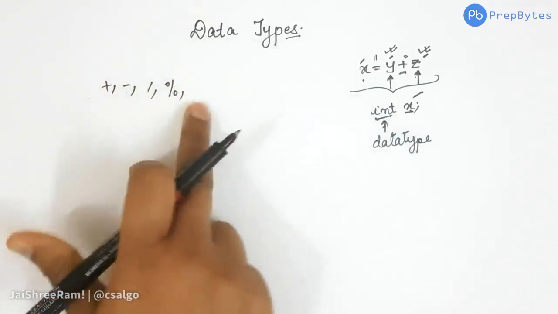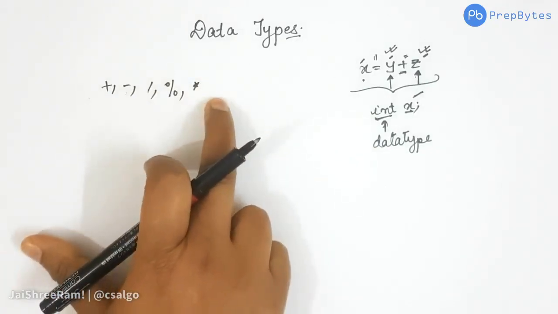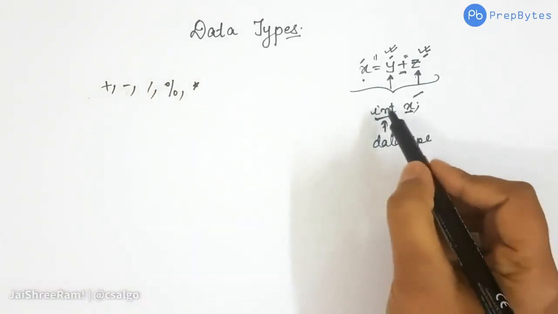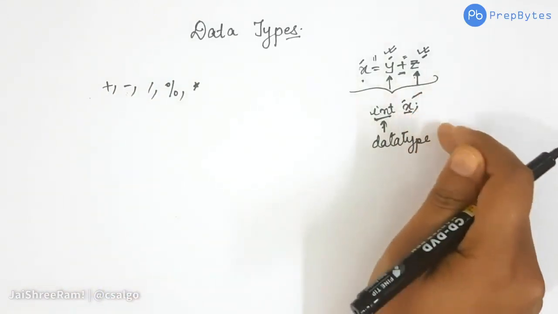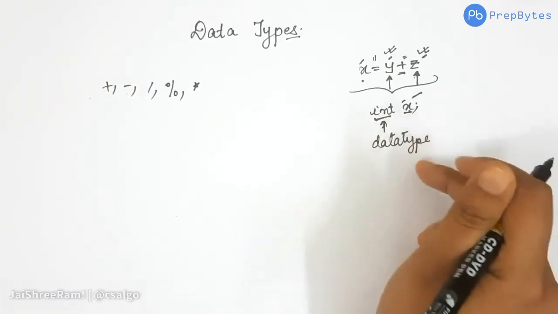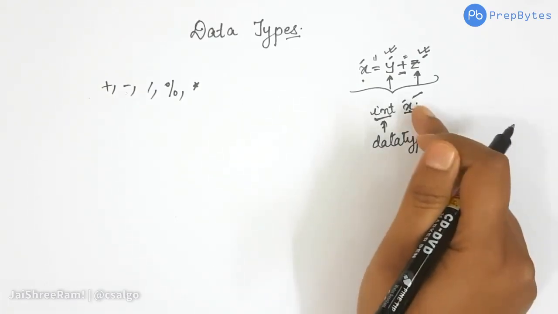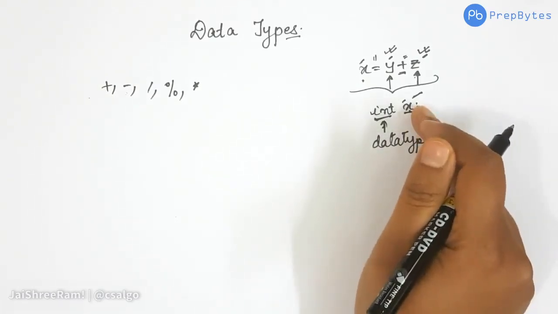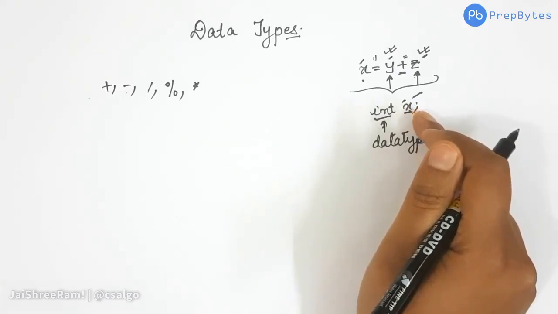If I use any of these operators for x, then this is valid and the compiler is fine with it. So this is one use case of using a data type: the compiler knows that this variable is of this particular data type and these are the operations that can be done on it.